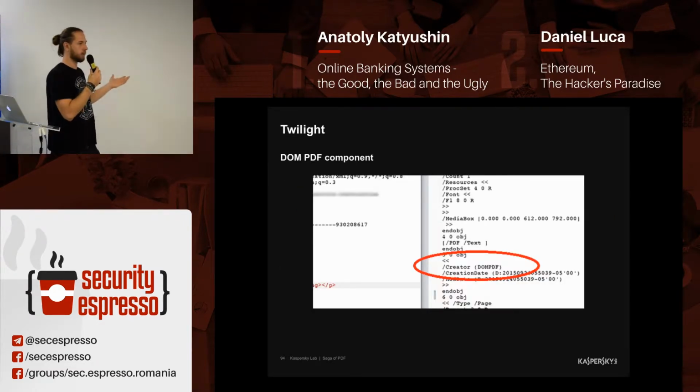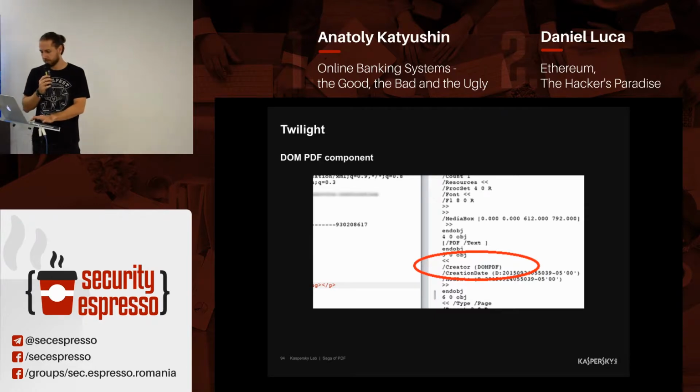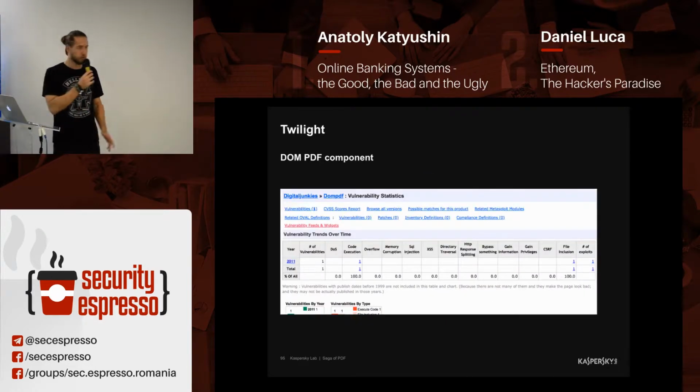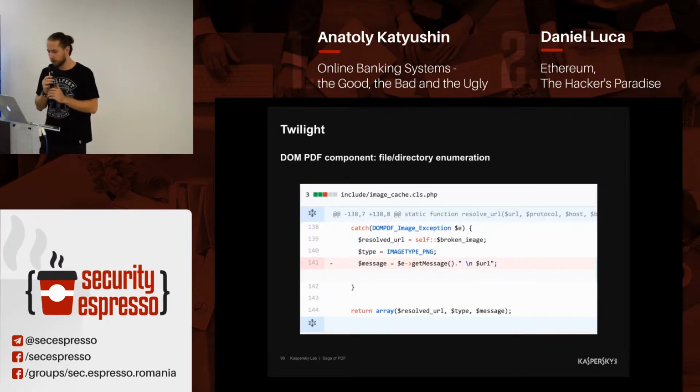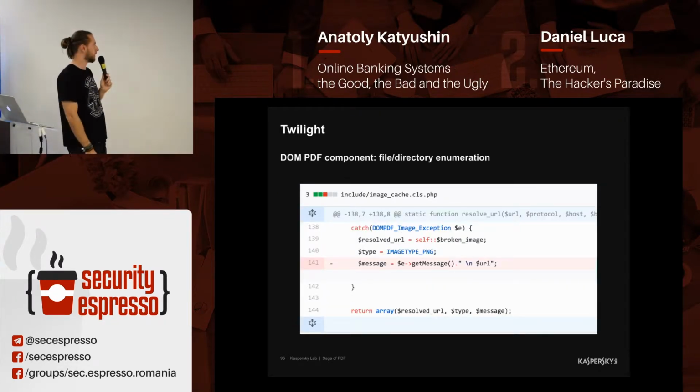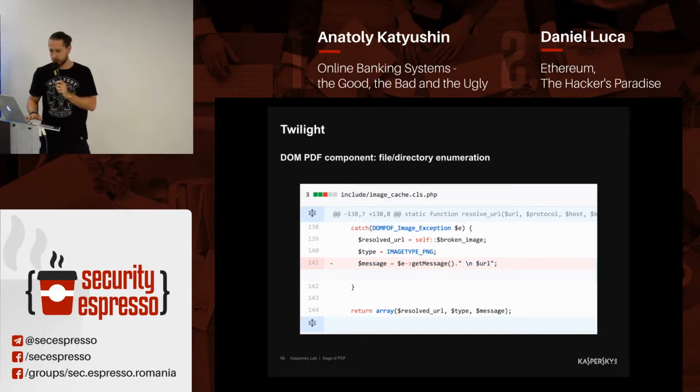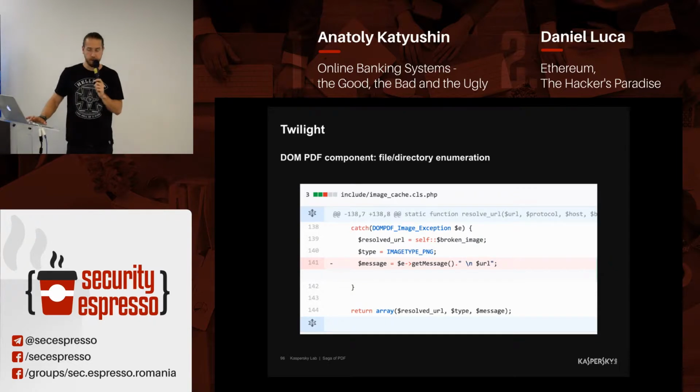So we started analyzing the application. We found that there was a library DOM-PDF, and there was no fingerprint of the version. We Googled a little, there was some vulnerability. We tried the exploit, it failed. So we decided to download the source code and analyze it. And the first vulnerability we found was file and directory enumeration because of improper error handling.